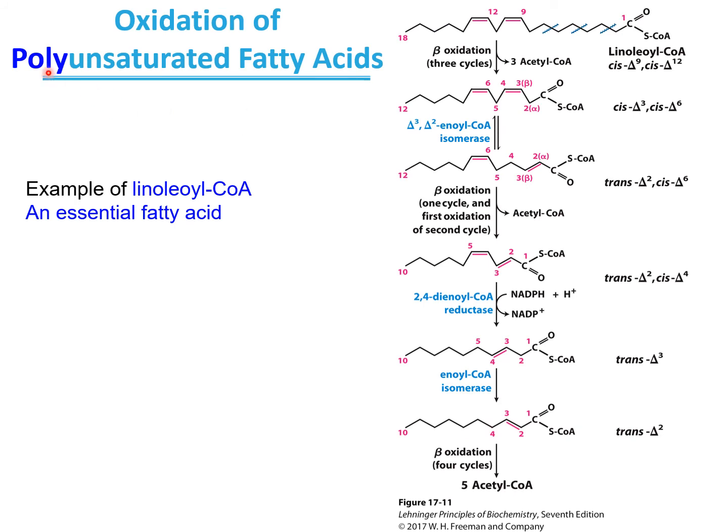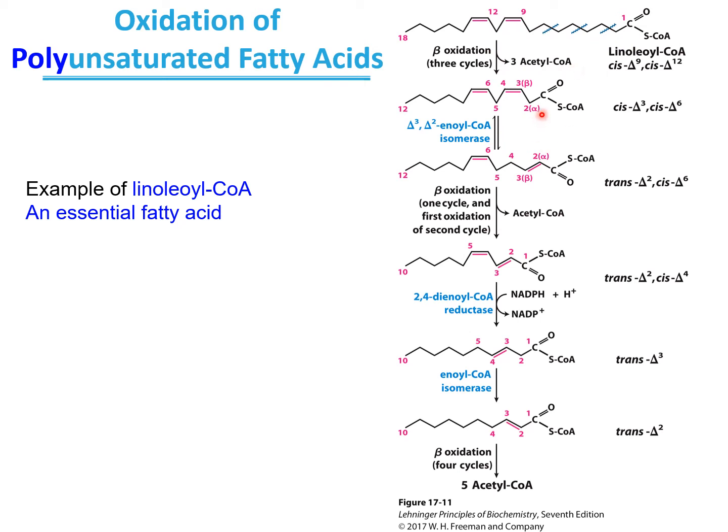What about polyunsaturated fatty acids, i.e. fatty acids that contain more than one unsaturation? Here is the example of linoleoyl-CoA, which is an essential fatty acid for mammals. It has 2 cis double bonds here at carbon 9 and 12. So as before, this fatty acid will undergo 3 rounds of beta oxidation following each of the 4 steps, which release 3 acetyl-CoA.